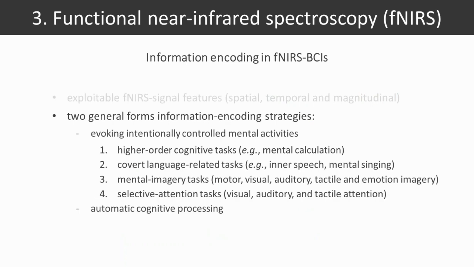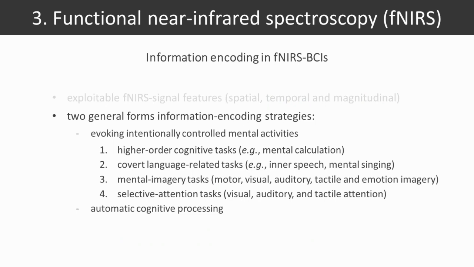Okay, generally now we have to look at how can we actually get activation. The other question was what kind of objective differences, quantification differences can we get. The second is that we have to look at how can we evoke brain activation. And first I said already we can evoke intentionally controlled mental activities, and here I have listed 4 groups that have been used already.